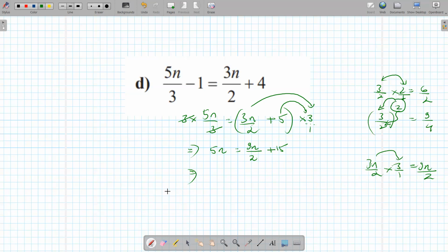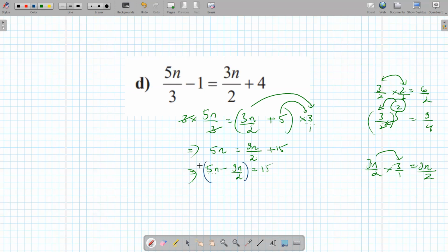Subtract 9n over 2. Yeah. So 5n minus 9n over 2 equals 15. What's next? Multiply by 2. For the 5n, or on both sides? Both sides. Multiply both sides? Okay, well, we can do that.